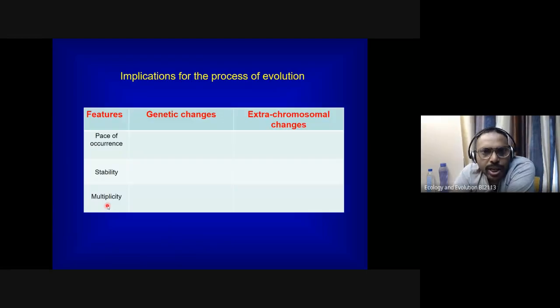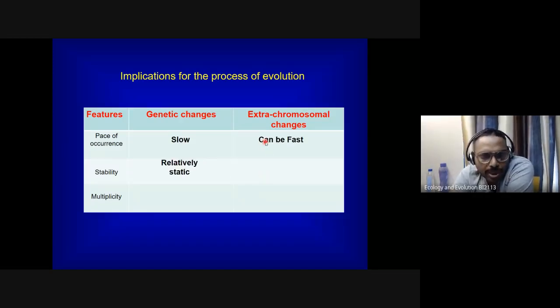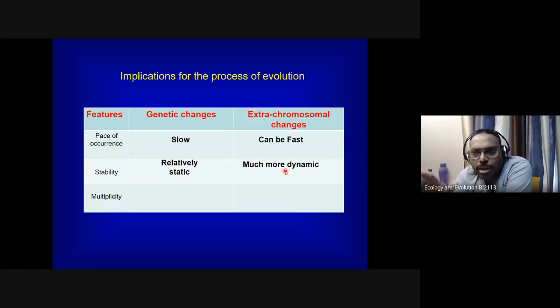So, what are the implications for the process of evolution of these kinds of epigenetic changes? Typically, genetic changes arise by mutations, and by and large the rate at which they arise is reasonably slow. However, epigenetic changes can happen much faster. Genetic changes are relatively more stable. Epigenetic changes are much more dynamic, which means that even if you find them today, they might be transgenerational, but they might end up getting lost within 3-4 generations.